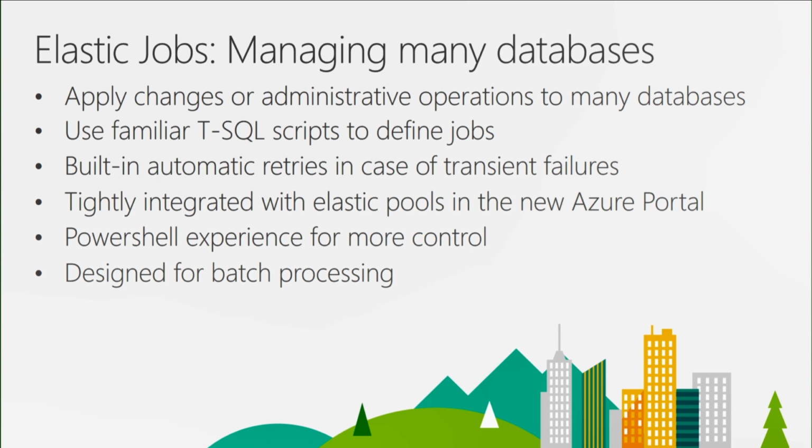Some of the guarantees that we have with regard to script execution are that any given script will execute at least once against every single database, and no script will concurrently execute on top of each other. An example of that is, let's say you have a job that runs every 5 minutes, and for whatever reason, one of the databases is taking a little longer.